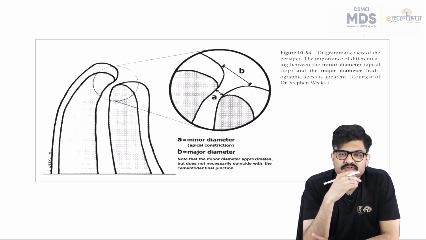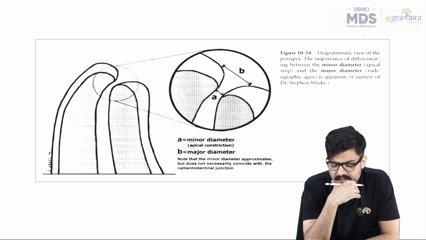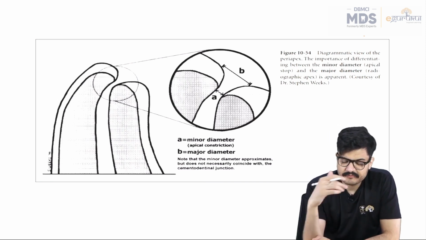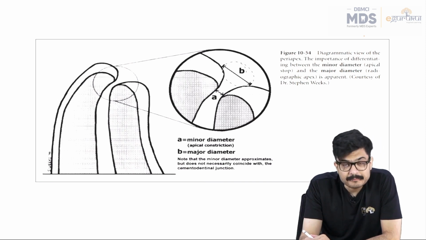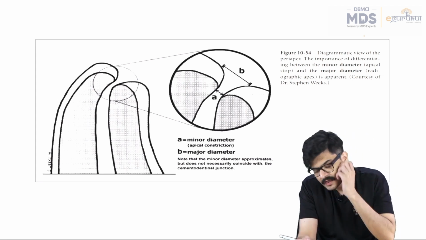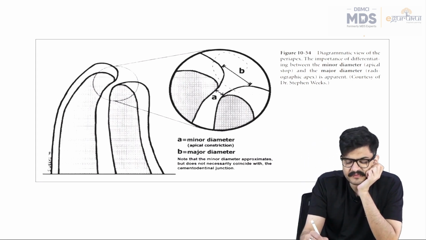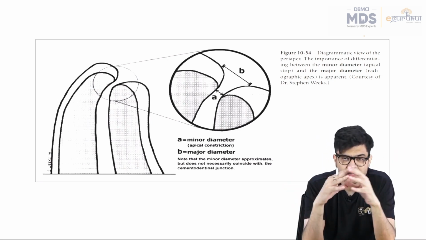This shape is also known to resemble the morning glory. That's again another MCQ, friends. Please, we can all note that down. So from the apical constriction to the apical foramen, this shape is known as the morning glory appearance. The other important thing is that B represents the relatively larger diameter of the apical foramen.